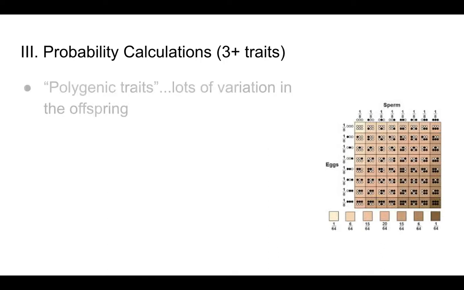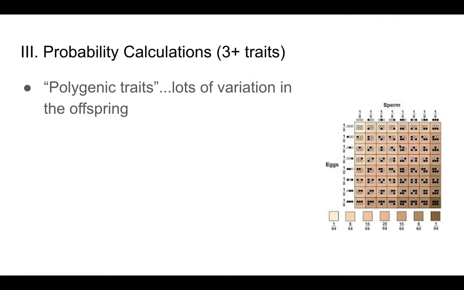Okay, so if you are back, we need to talk about what are called polygenic traits. Polygenic traits are traits that really involve multiple alleles at play. So, three or more genes that are working together to create a particular characteristic.